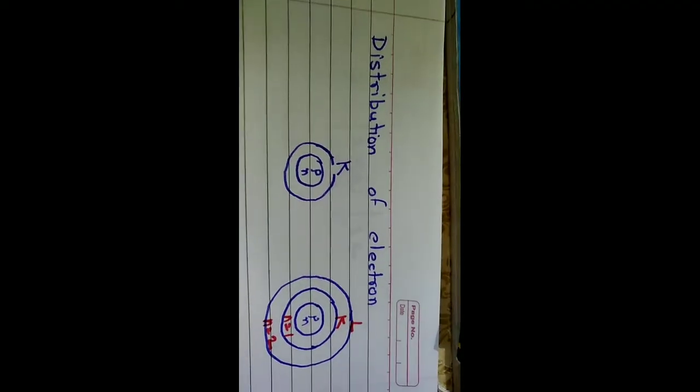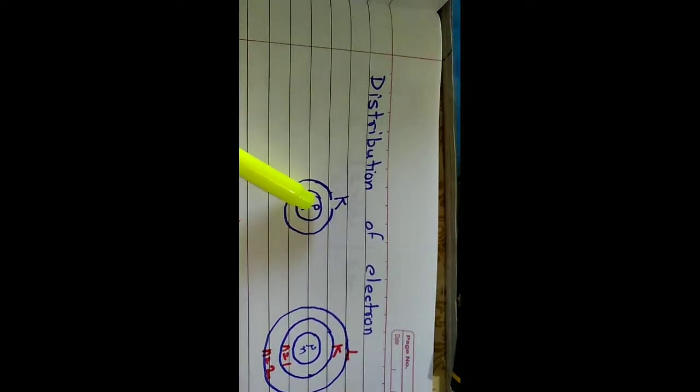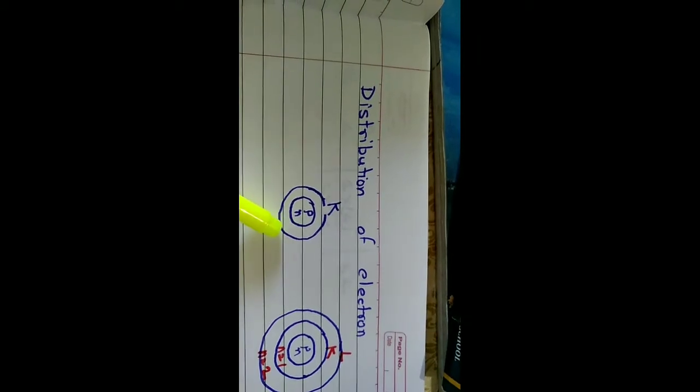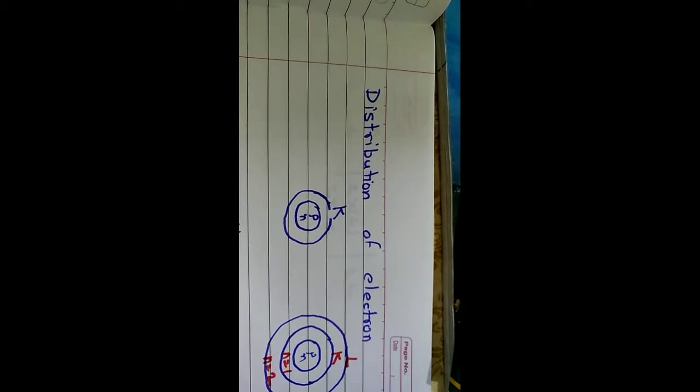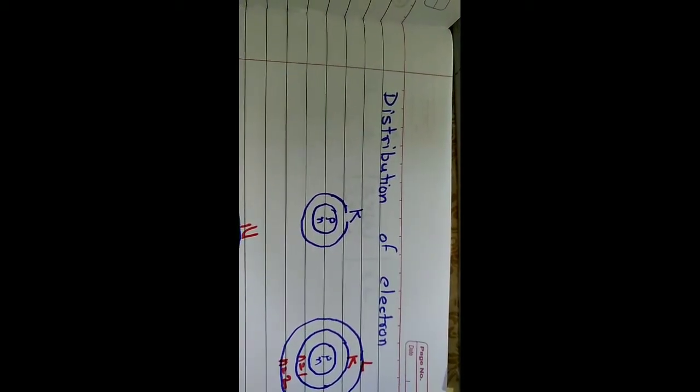Distribution of electrons in orbits. We know this is a nucleus. Around it, extranuclear part, space and first orbit. These orbits are numbered as 1, 2, 3, 4.